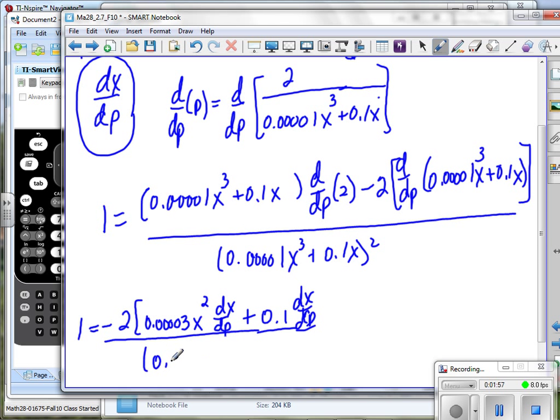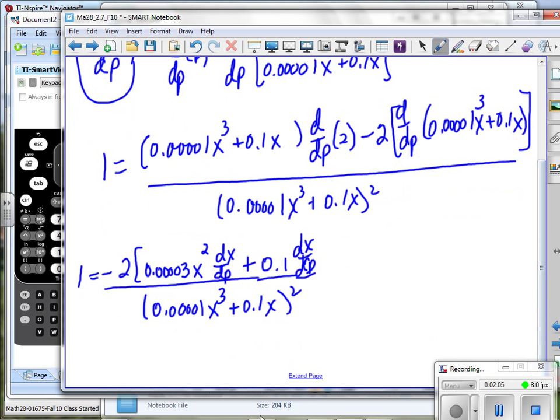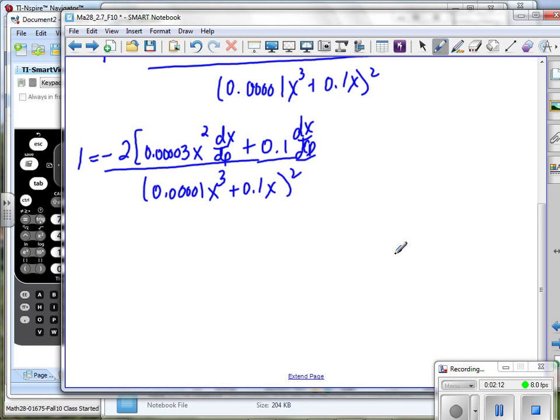And it's all divided by squared. What am I trying to solve for? dx dp. We've got to keep our eye on what we're trying to do here. So I'm going to multiply both sides by this denominator.